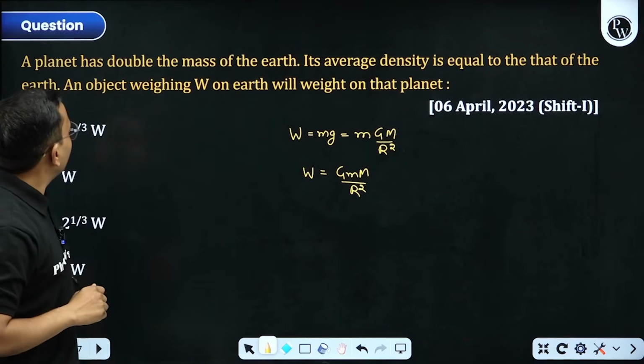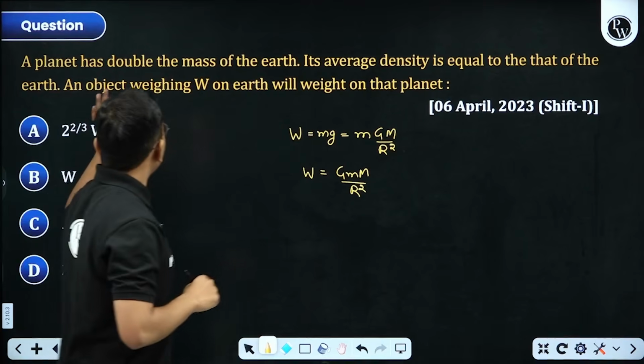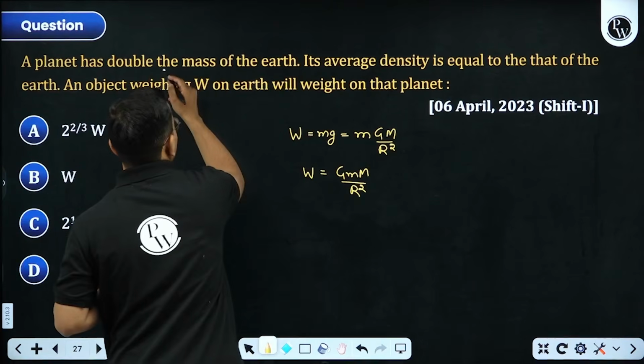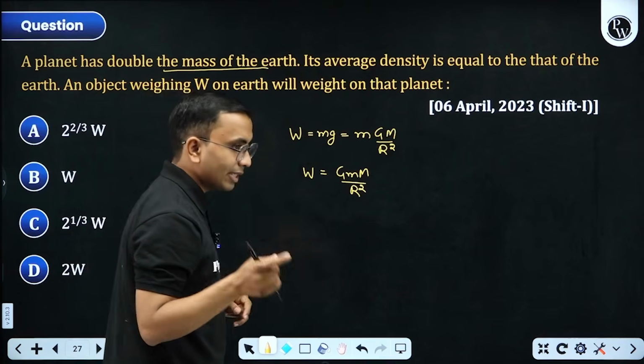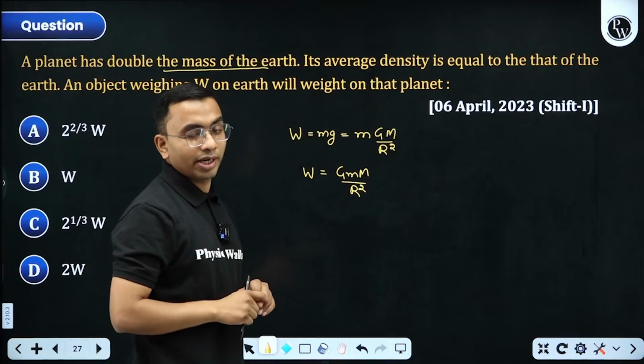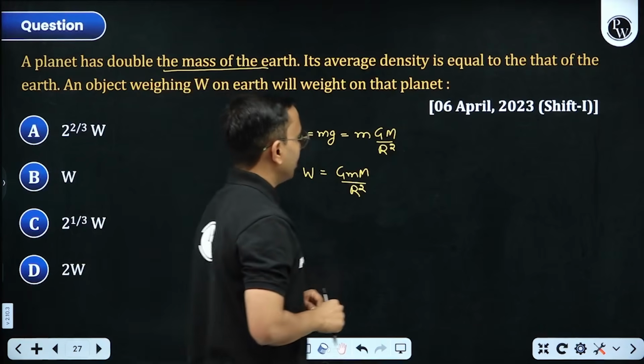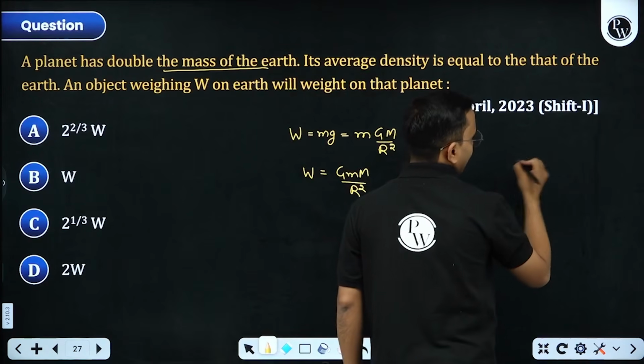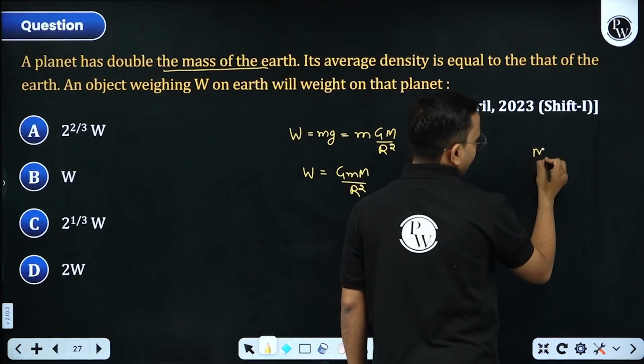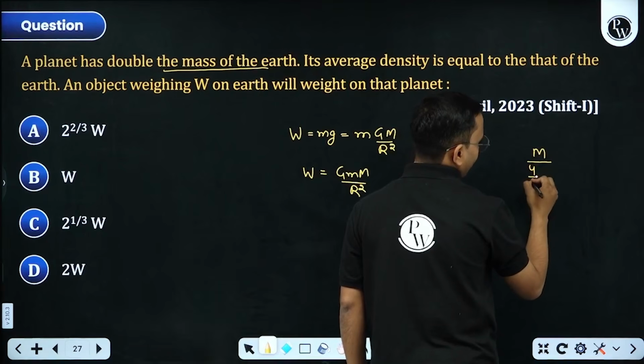Now this other planet is having double the mass of Earth. The density is the same. The radius is not given. So can we find the radius? Yes. Density is the same. Density for Earth is mass of Earth divided by volume.